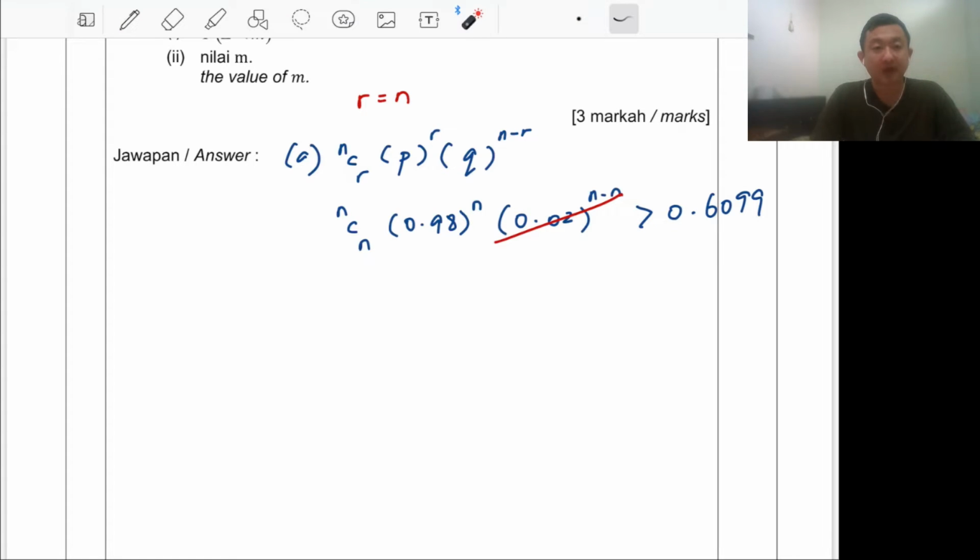Okay, you have to know what is the meaning of nCn. Think about that. 5C5, what is the answer? 4C4, what is the answer? 1, right? So nCn is also 1. So not significant. Cancel it off. So in the end, you just have 0.98 to the power of n more than 0.6099.